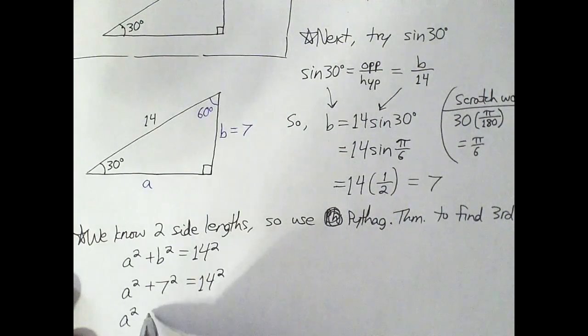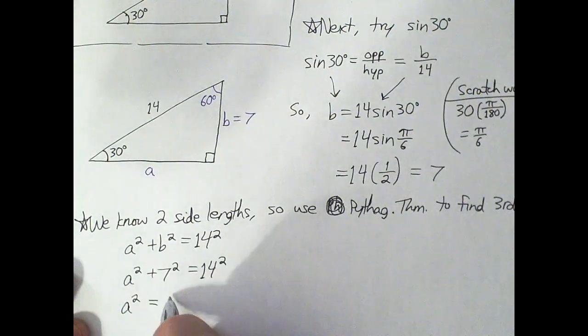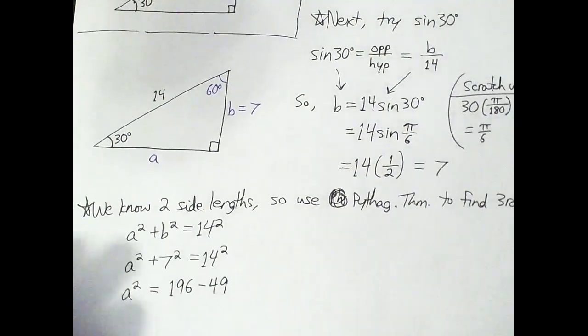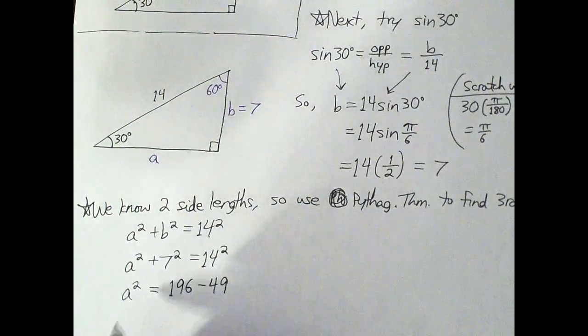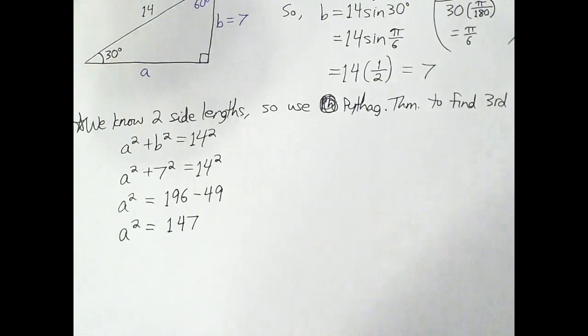A squared equals 14 times 14, which is 196, minus 7 times 7, which is 49. So a squared is 196 minus 49, which is 147. And we can find a.